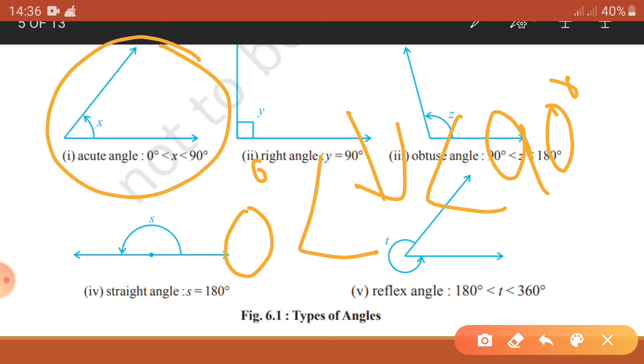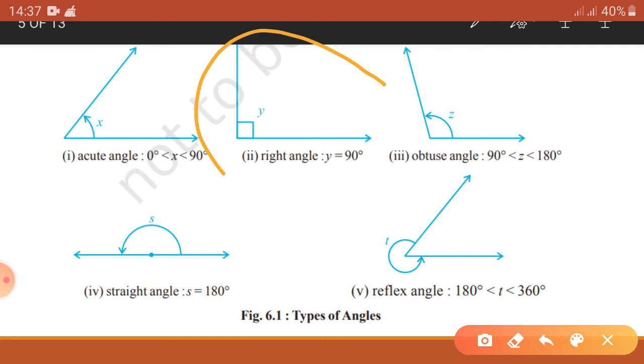For the acute angle, the angle should not be greater than 90 and should be greater than 0 degree. So this angle is known as the acute angle. An acute angle measures between 0 degree and 90 degree.